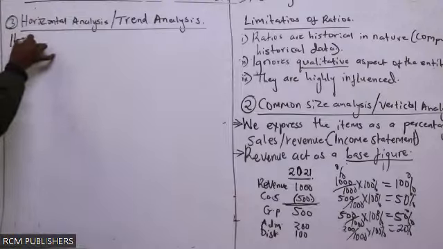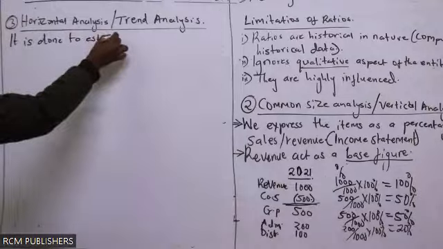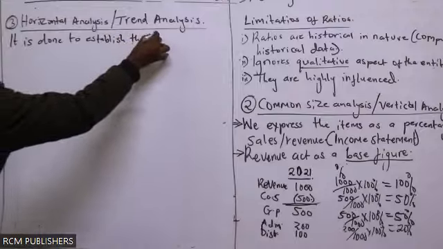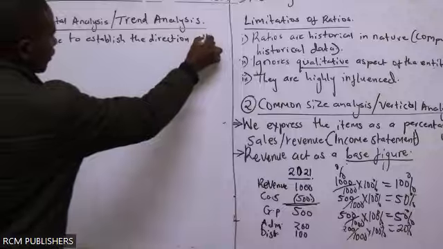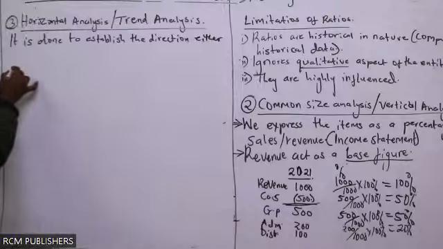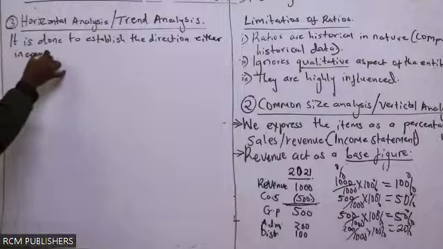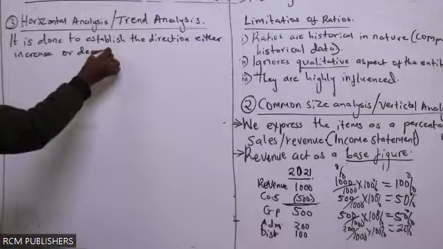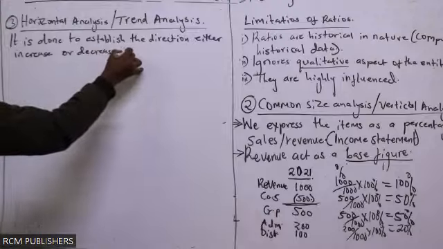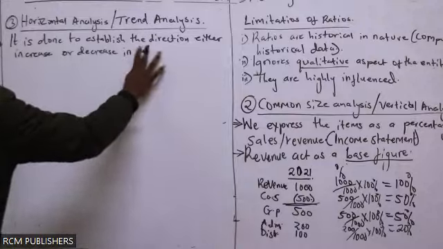It is done to establish the direction, either increase or decrease in incomes, financial statement items.